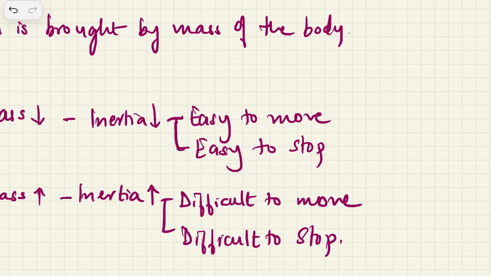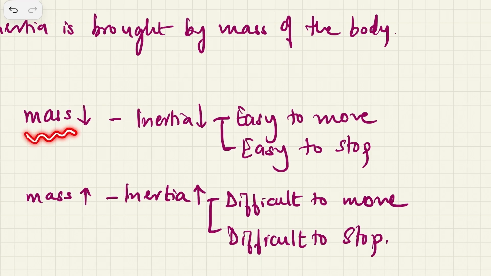You apply just the small brakes of the bicycle and the bicycle stops. But let's say this body was heavy, like a truck, and the truck is moving at 20 kilometers per hour. In order to stop this truck you need a large amount of energy, a large amount of force as well, because the mass is bringing the inertia. Smaller body, lesser mass, easy to move, and a smaller body moving, you can stop it very easily as well.